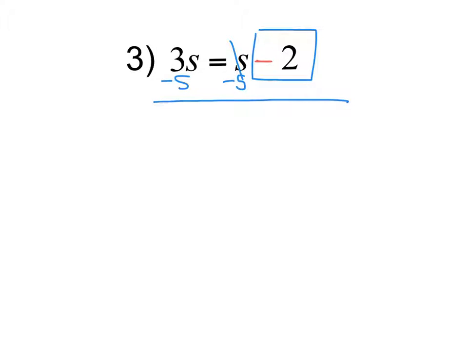On the right, the s's will cancel, leaving me just with equals minus 2. And on the left, 3s minus 1s is 2s. I'm still not quite done because I have to get s by itself. So I'm going to divide by 2 on both sides. The 2's will cancel on the left, giving me s equals negative 1.